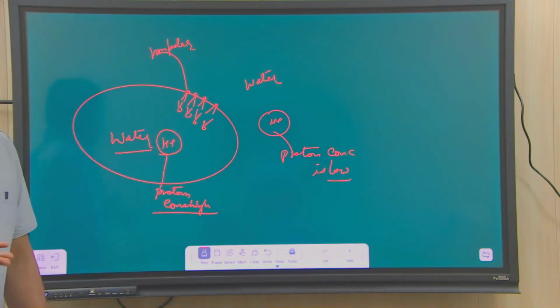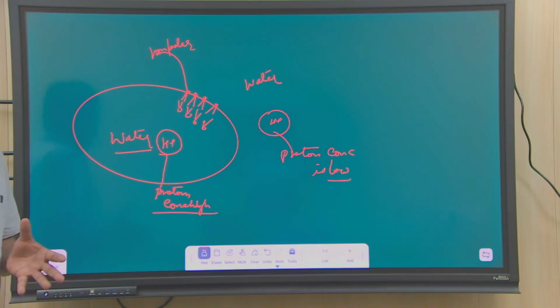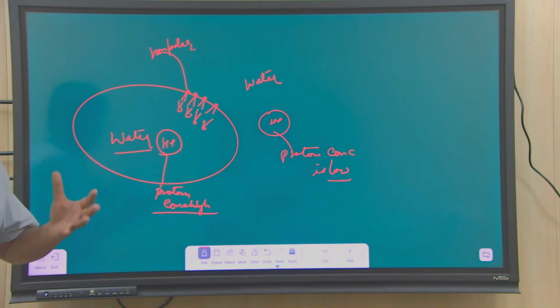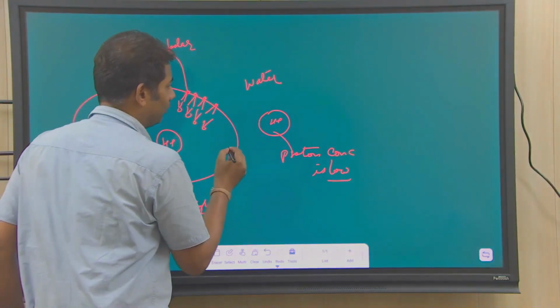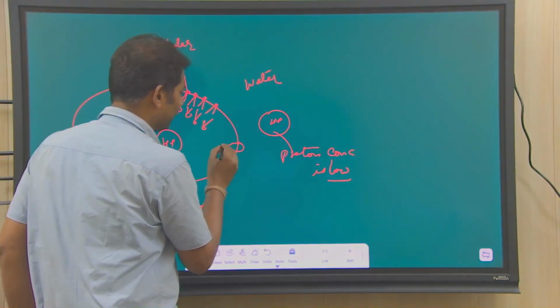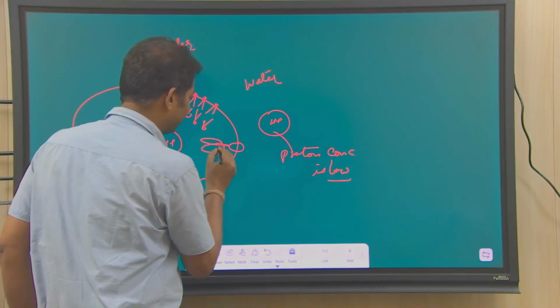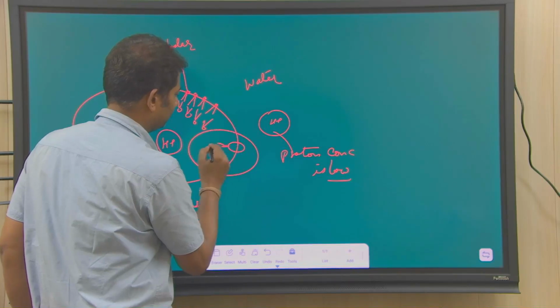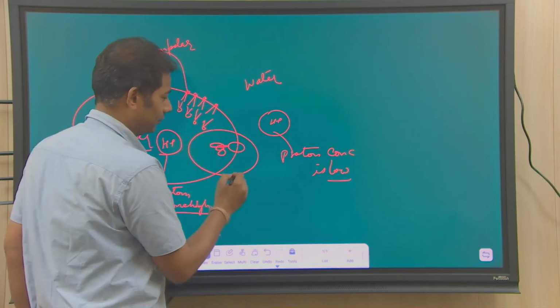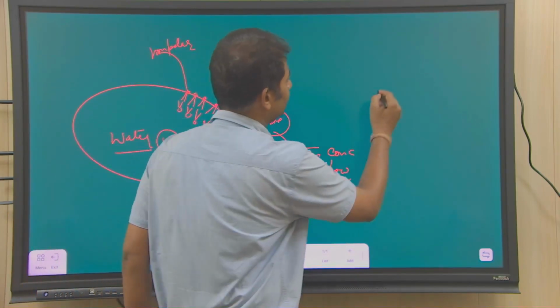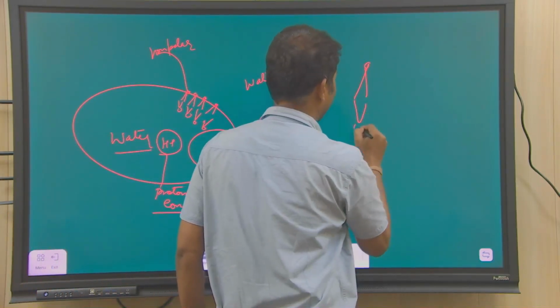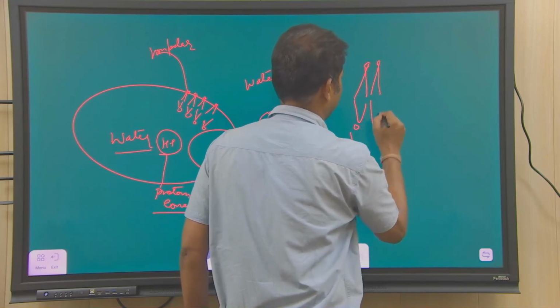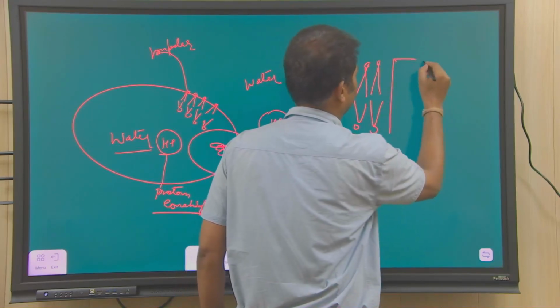And how does the cell use this difference to generate energy? The cell has a specific molecule named ATPase. It is an enzyme, a specific molecule that helps in creation of energy. The bigger structure of ATPase: this is a biological membrane, and this is an ATPase molecule.